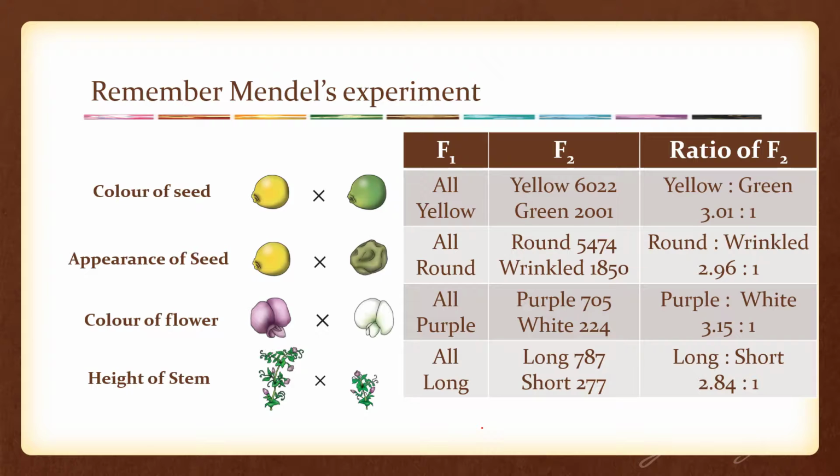This is much closer to the expected ratio of 3:1 as compared to the ratio of the color of the flower and height of the stem, which is 3.15:1 and 2.84:1. Why is the color and appearance of seed ratio closer to 3:1 as compared to the color of flower and height of stem? Pause for a moment and think about it.